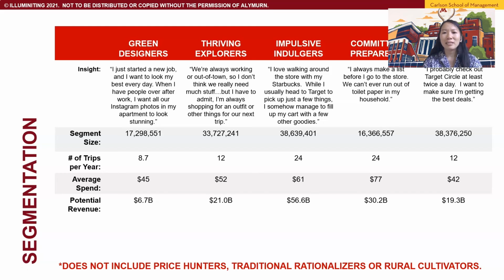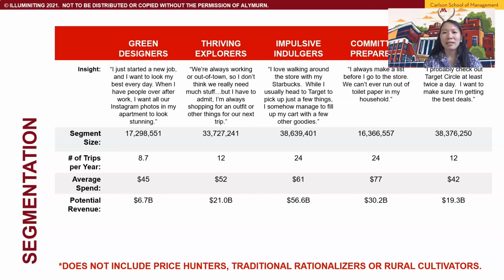The segment sizes then show how many customers are in each one of the segments. The green designers and the committed preparers are the smallest with 16 to 17 million, while the thriving explorers, the impulsive indulgers, and the avid circlers are all more than double the smaller segments. Underneath segment size, you'll see the number of trips per year.